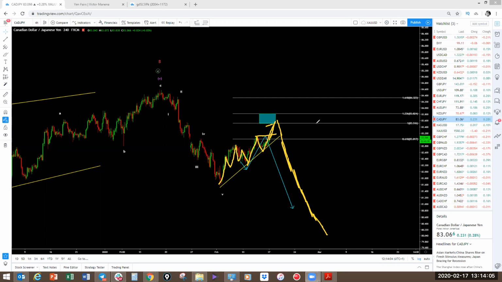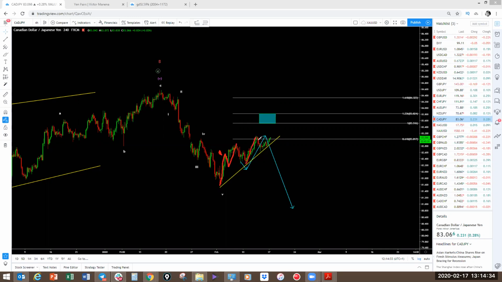Right, so it should be okay for now. So only when this structure is invalidated, then we'll update this setup. So this one can make a move to the upside like that, making this one of those high probable structures. And you can see the correction of the second A. So those who've attended the course know that if this is a three-wave move, like this is an A, right?